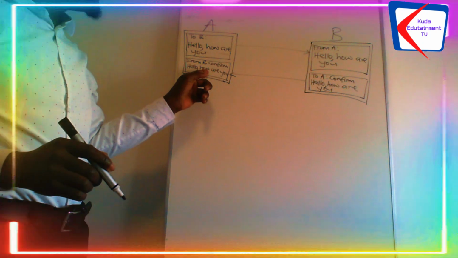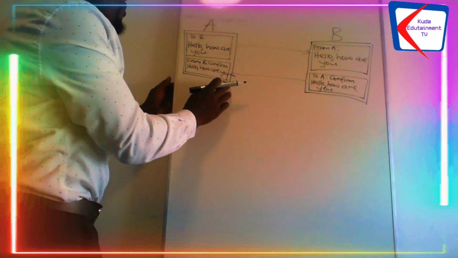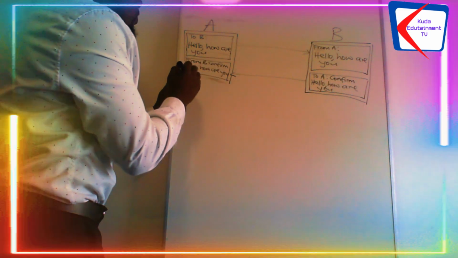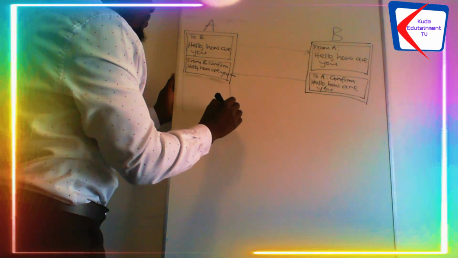Then device A will now confirm, right? Device A will now confirm. So we can add another layer here.